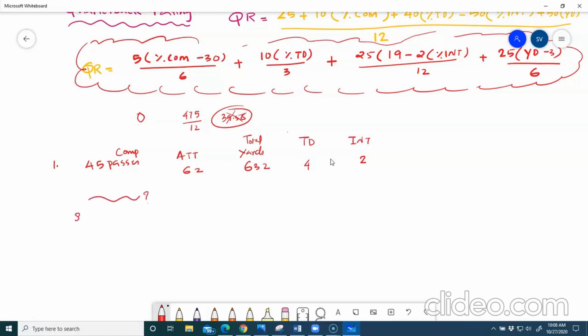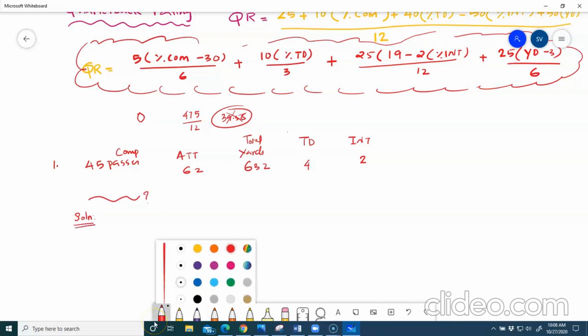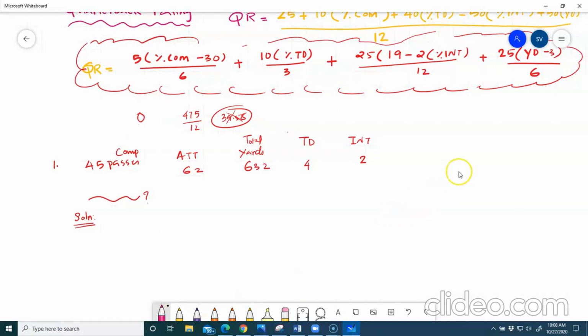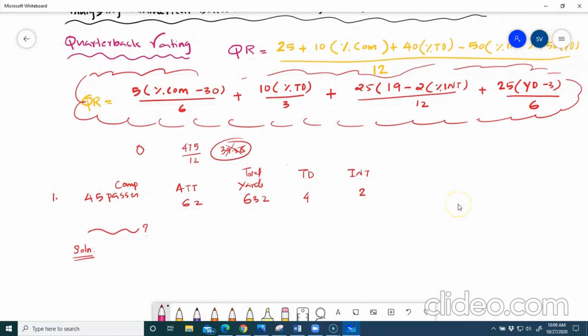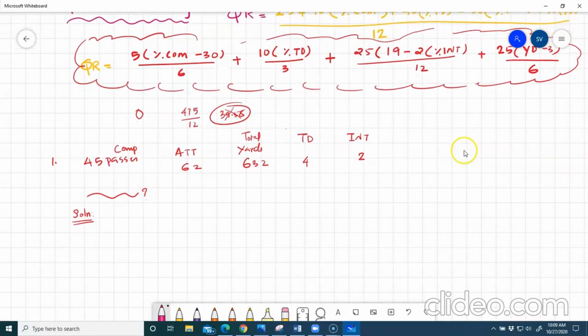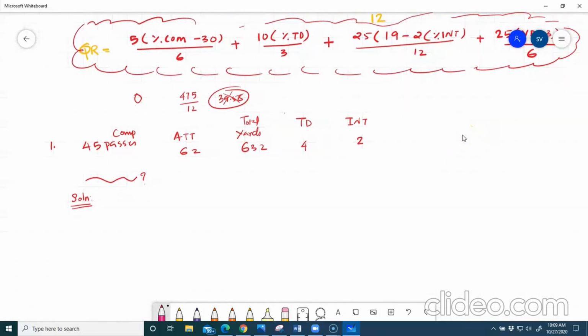We can start our solution. We know that the equation is 25 plus percentage of completion, percentage of touchdown, percentage of interception, and we need the yards. We can calculate each item separately. So what is the percentage of completion?